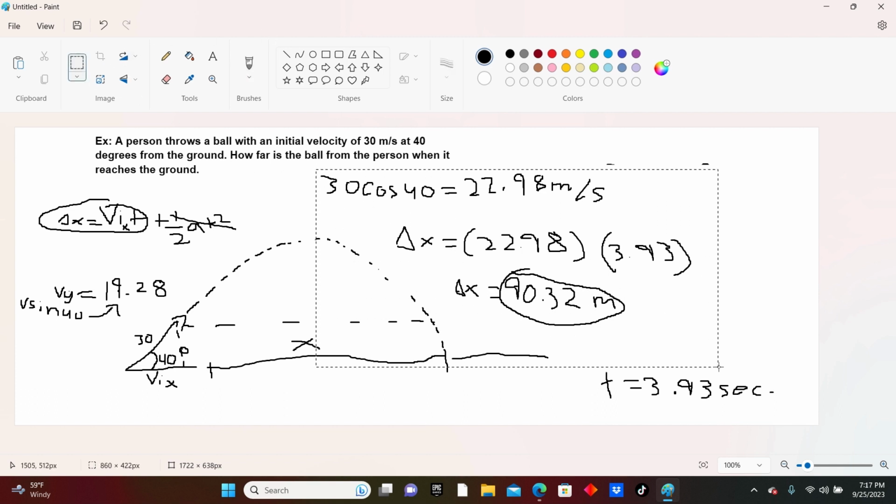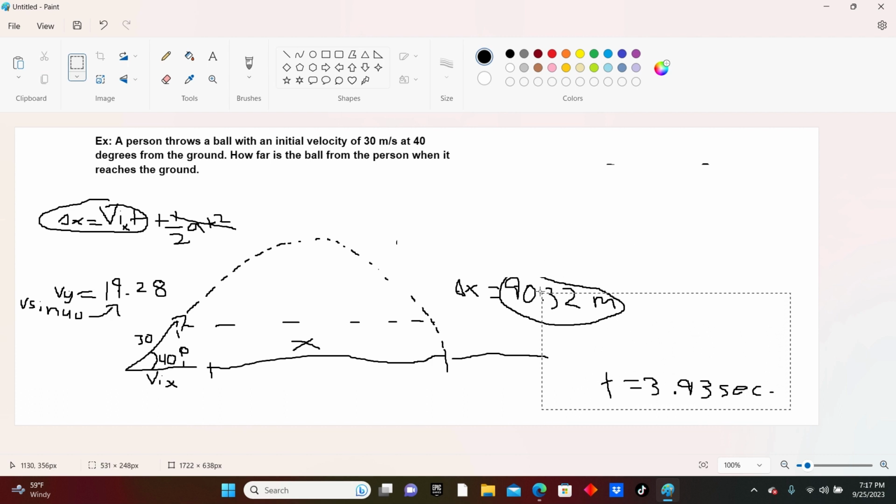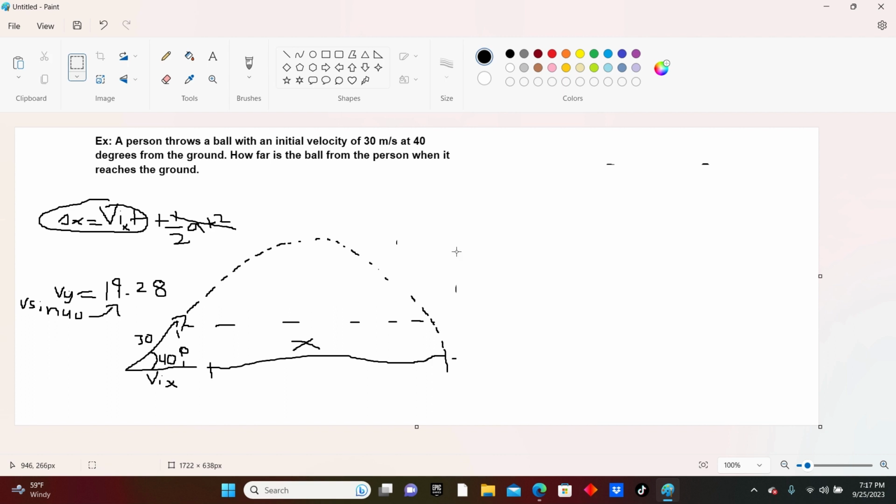Let me erase all this. Okay, so I'll show how you could use the acceleration equation.